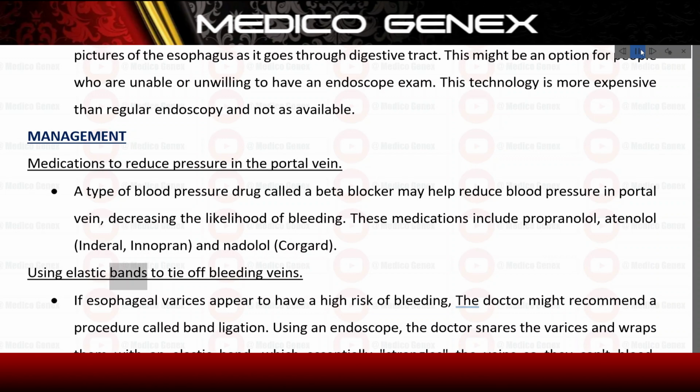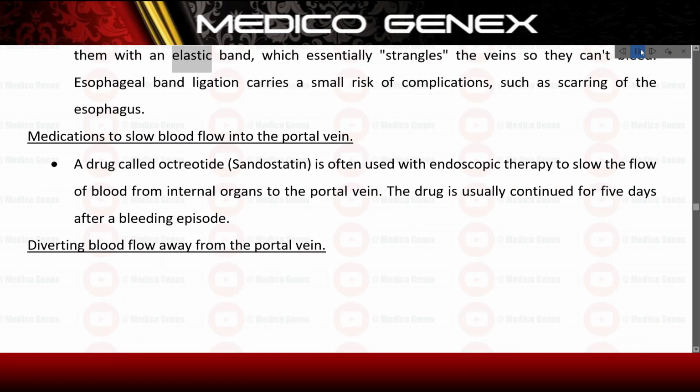Using elastic bands to tie off bleeding veins: if esophageal varices appear to have a high risk of bleeding, the doctor might recommend a procedure called band ligation. Using an endoscope, the doctor snares the varices and wraps them with an elastic band, which essentially strangles the veins so they can't bleed. Esophageal band ligation carries a small risk of complications, such as scarring of the esophagus.